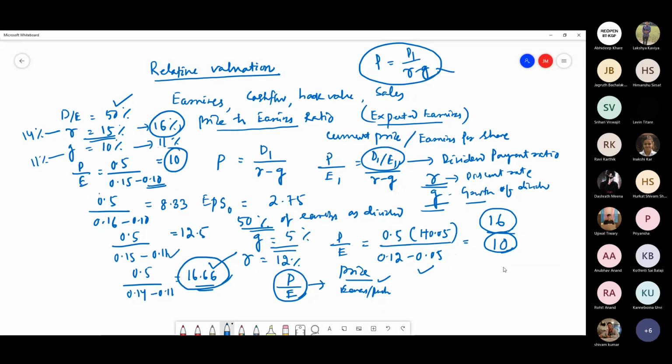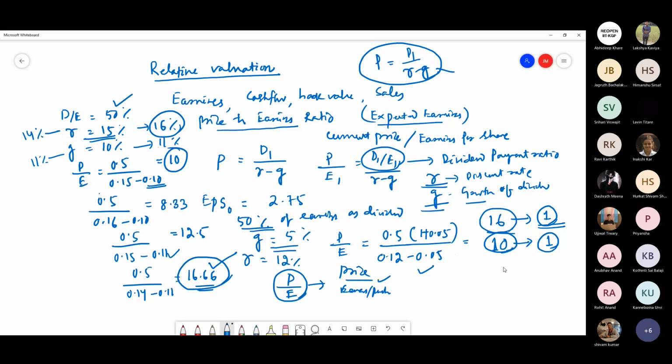For example, if you are investing 16 rupees in this stock, you are getting 1 rupee of return. For this stock, whenever you are investing 10 rupees, you are getting 1 rupee of return. So this tells you how much money an investor should invest in a stock to generate 1 extra unit of return.